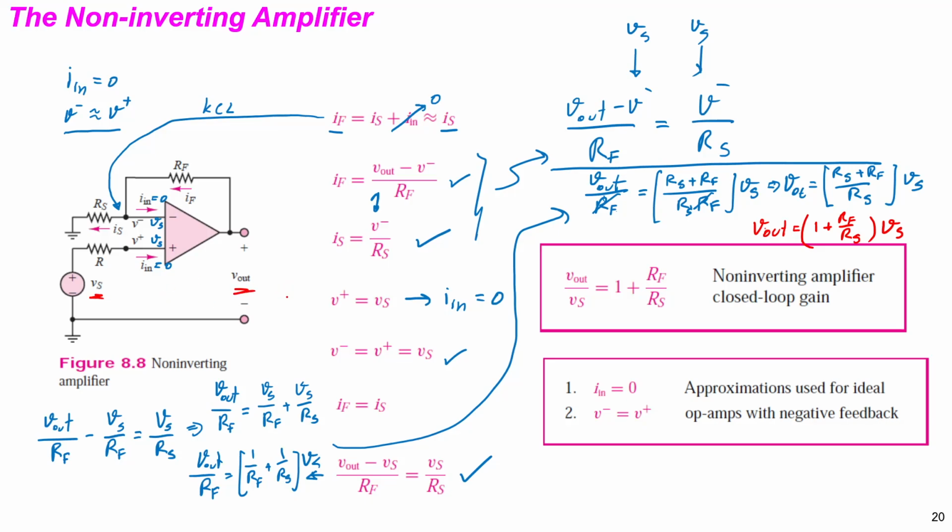With the proper selection of RF and RS, we can increase Vs into Vout. For example, if RF is 10 ohm and RS is 2 ohm, and we have Vs of 10 volt, what happens to Vout?